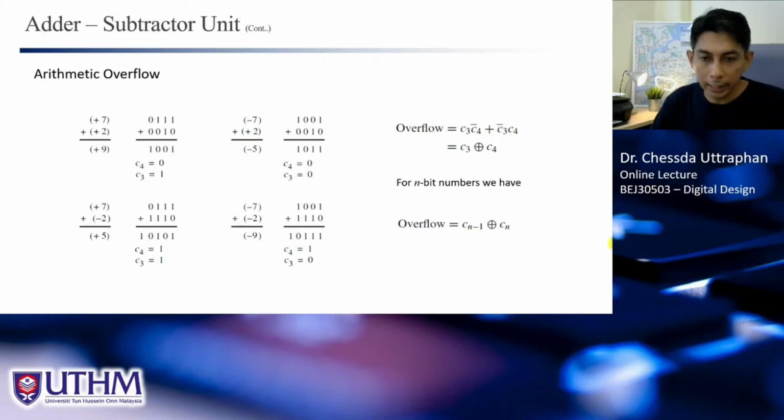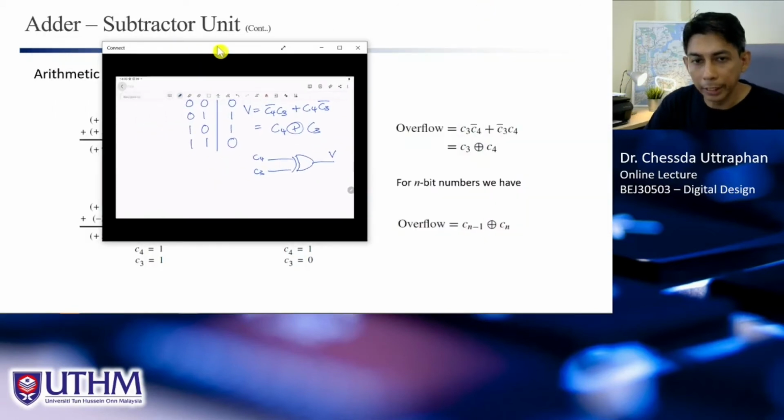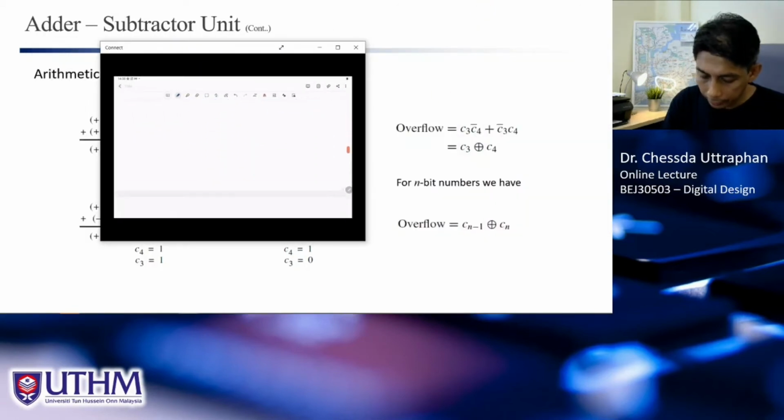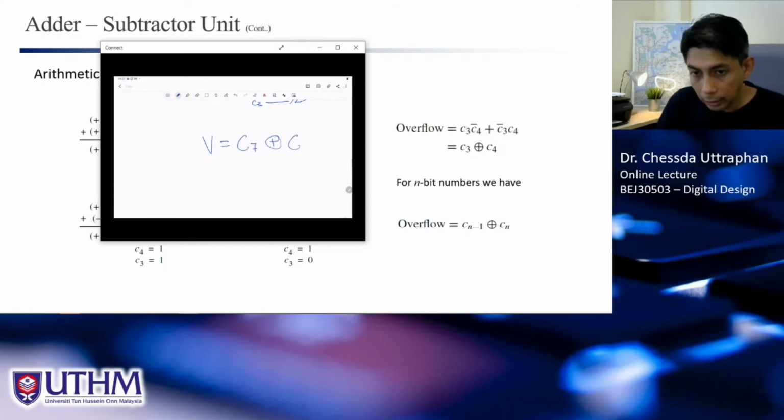So what does this mean? It means that if our system is 8-bit, to detect V, or overflow, is equal to Cn, if n is equal to 8, so C7 XOR C8.